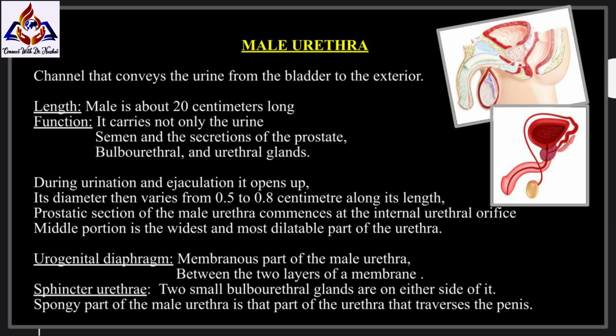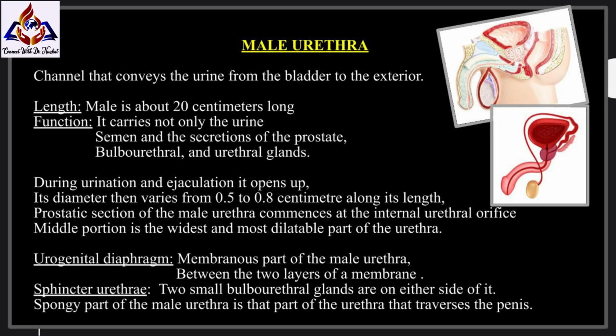The membranous part of the male urethra is in the area between the two layers of the membrane called the urogenital diaphragm. The urethra is narrower in this area than at any other point except at its external opening, and is encircled by a muscle, the sphincter urethrae.